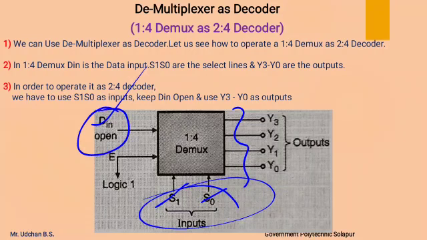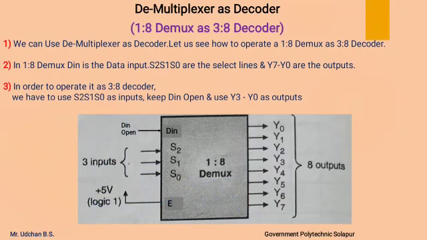We are not connecting any input to that line, and the Y3 to Y0 outputs are used as the four output lines of the decoder, and the enable input terminal is connected to logic 1, by which the decoder can be enabled to perform its operation. So this is how we can use a 1:4 demultiplexer as a 2 to 4 line decoder.